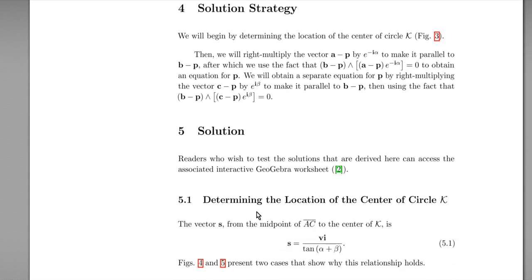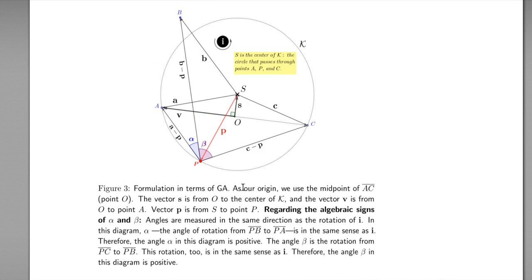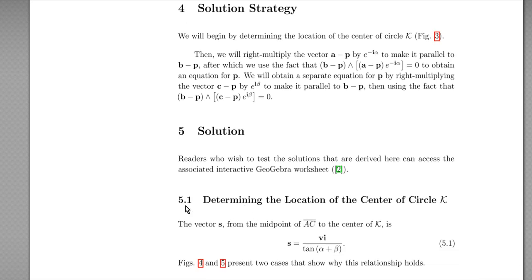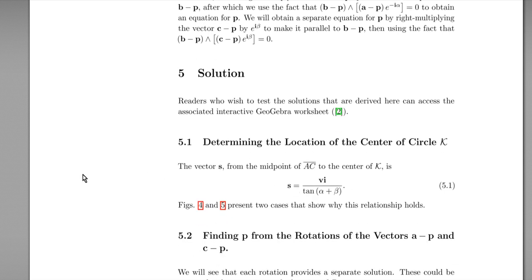The first step is to determine the location of the center of that circle, which is simple, but this document goes into some justifications of why this simple formula works in different situations.